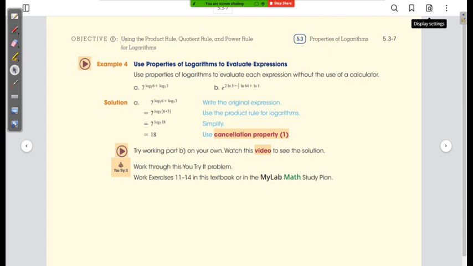Okay. So let's go ahead and do B. All right. So B looks pretty ridiculous too. Okay, so again, I'm going to rewrite B because it is a little small.